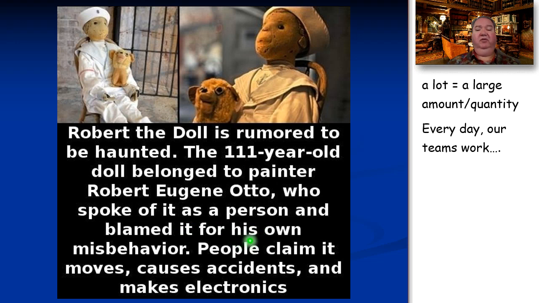What does his refer to here? The doll or Robert? He spoke of the doll as a person and blamed the doll for his own misbehavior. Here refers to Robert's misbehavior.